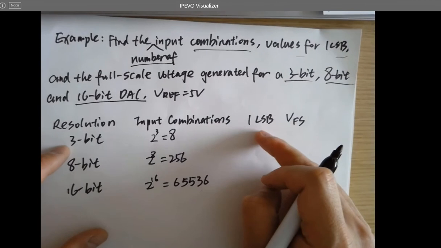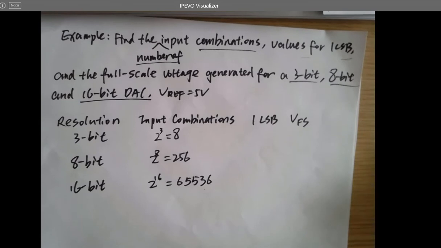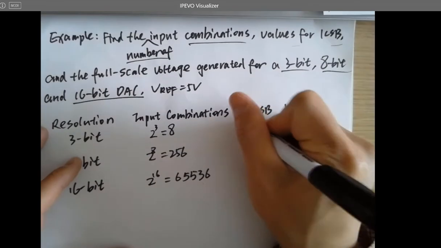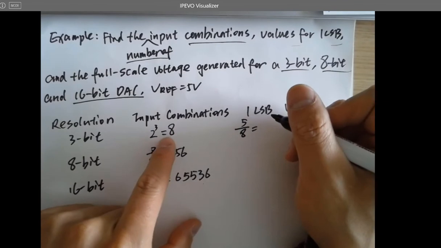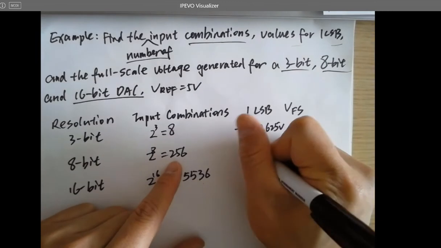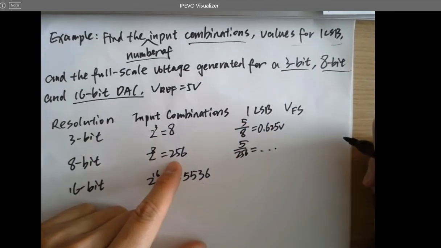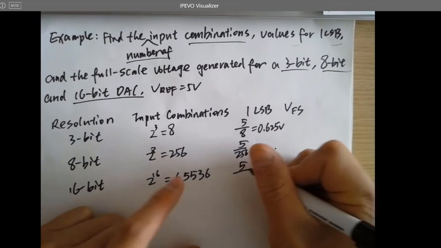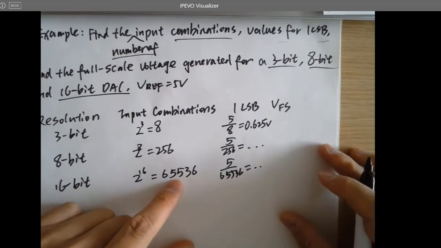What is one LSB? The voltage for one LSB. It's 5 over 8, right? Which is 0.625 volts. This is 5 over 256, which you can calculate. And 5 over 65536. You can calculate the voltage by yourself.